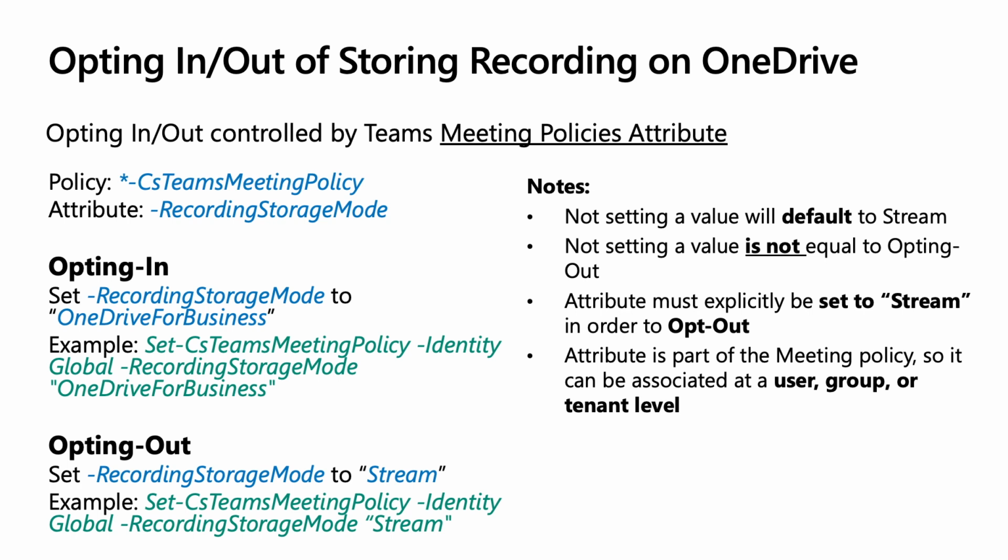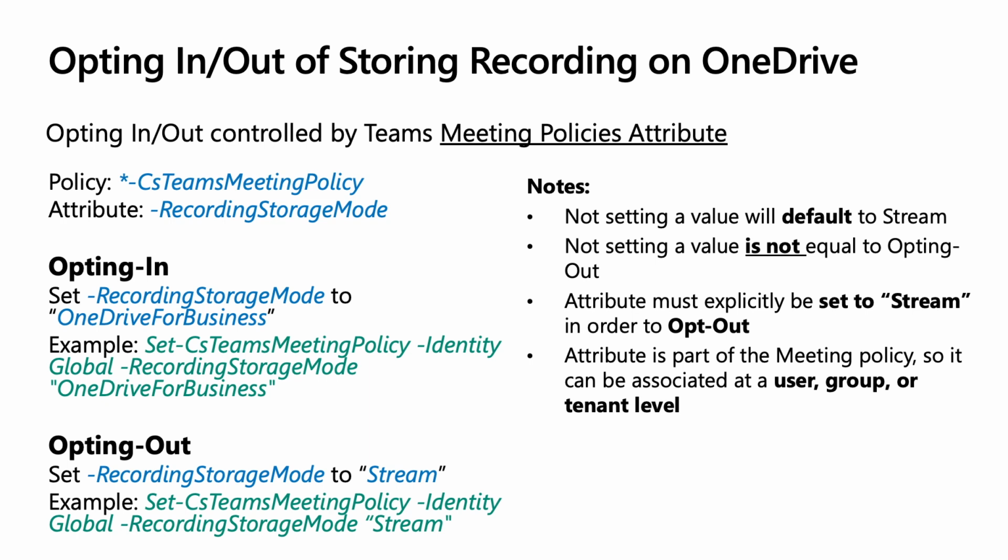And it's important to distinguish the two because of the opt-out phase. When we hit opt-out, what we're going to do is we will look to see which customers have set recording storage mode explicitly to Stream. So if you haven't set a value to the recording storage mode, although your recordings may still be going to Stream, once opt-out happens, your recordings will now automatically move to OneDrive for Business.